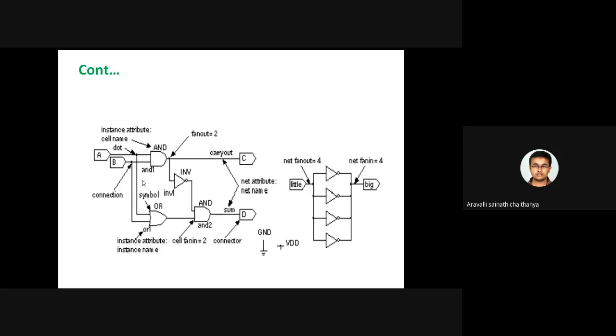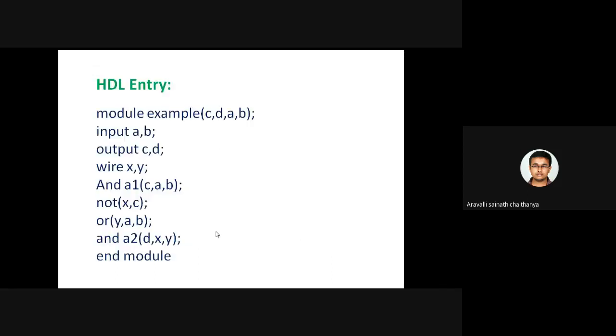All the remaining things in between the input and output pins are your logic. The module name I have kept for this diagram is example, and inside my module the input output pins, that is inputs A and B and outputs C and D, are to be present inside this sensitivity list. All the input output ports are present here.